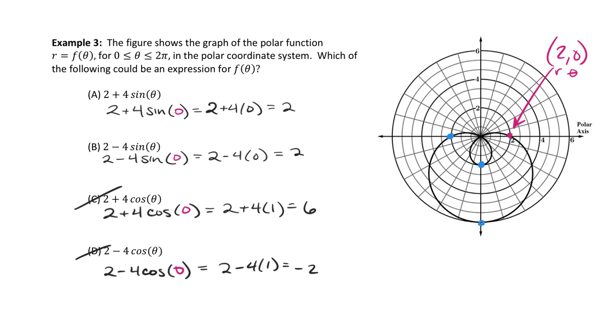If I were to label all of these points, this one would be 2 comma pi. This one would be 2 comma, negative 2, sorry, comma pi over 2. Should that be negative 2? No, it should be positive. This one would be 2 comma 3 pi over 2.